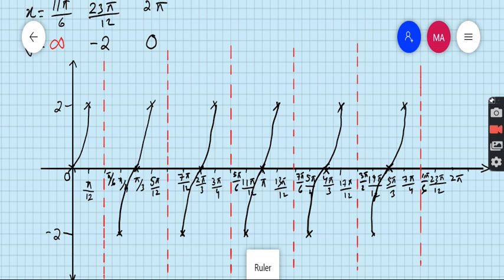At 23 pi by 12, the value is minus 2. And at 2 pi, the value is 0. Join these 2 points. So, students, this is the graph of 2 tan 3x. Sorry for that, I forgot to put a minus sign with plus 2. That is why a little bit of chaos was created.